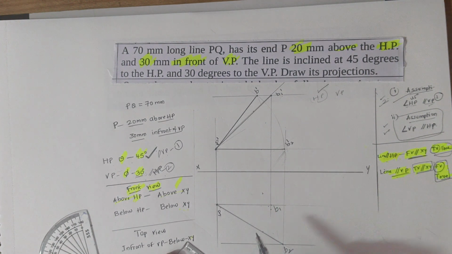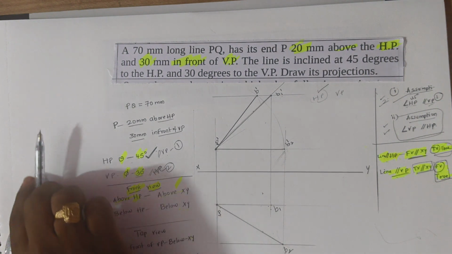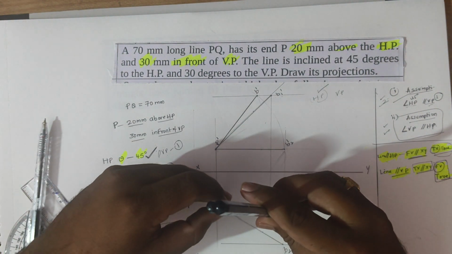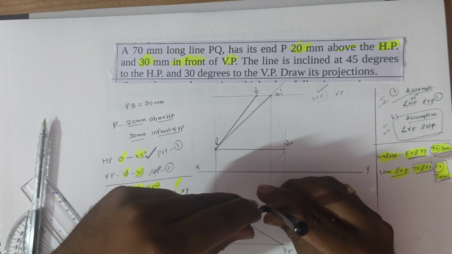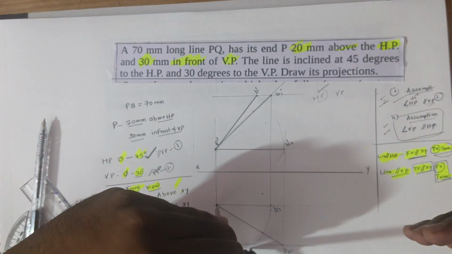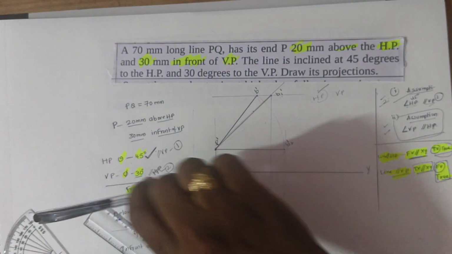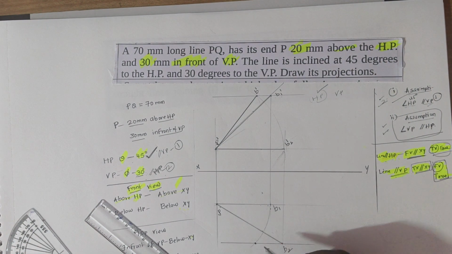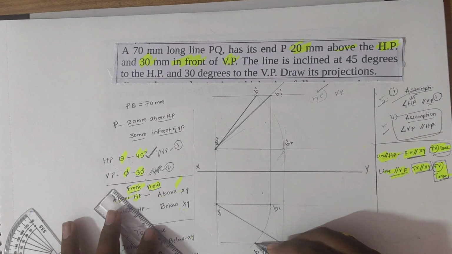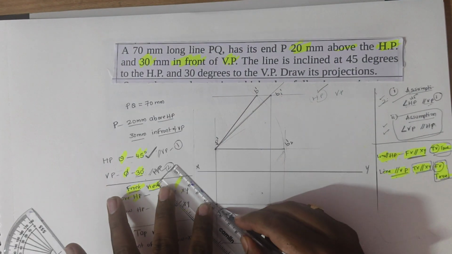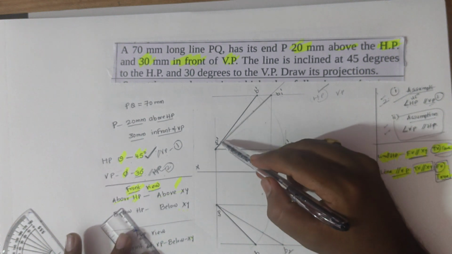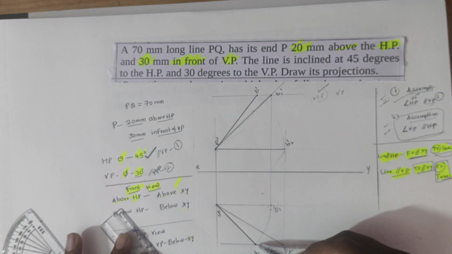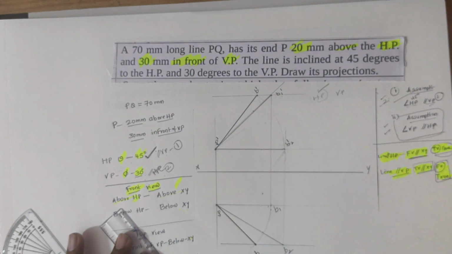So this is going to be the final top view. And let me make it dark. In the total figure, the final front view and final top view should be dark lines, and the remaining should not be that dark.